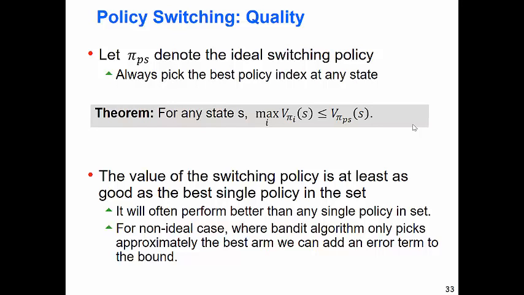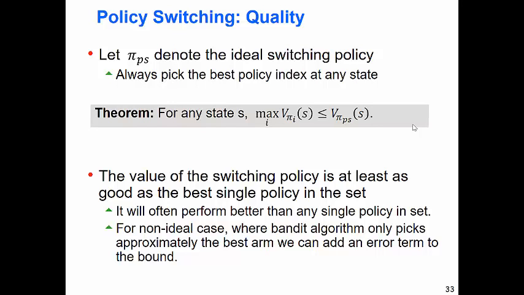Right. So if you were to say which of our base policies is best in hindsight in state S, let's say it's pi 2, our switching policy will do as well as that. My question was why can it not guarantee that it will find the best switching policy? So you mean do as well as the best sort of switching policy?